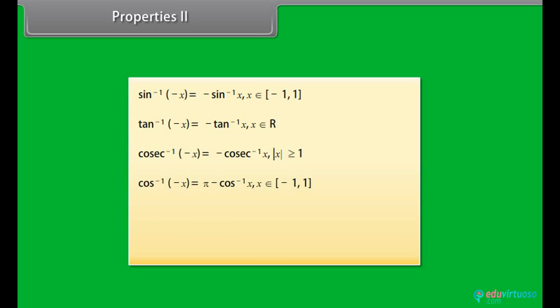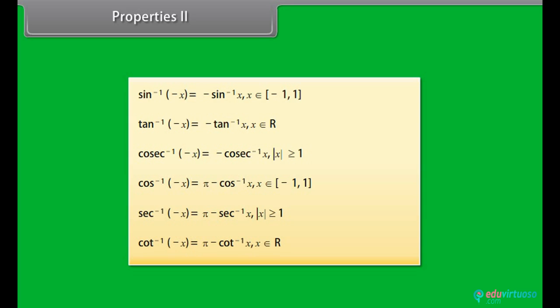Cos inverse of minus x is equal to pi minus cos inverse x, where x belongs to minus 1, 1. Sec inverse of minus x is equal to pi minus sec inverse x, where modulus of x is greater than or equal to 1. Cot inverse of minus x is equal to pi minus cot inverse x, where x belongs to R.